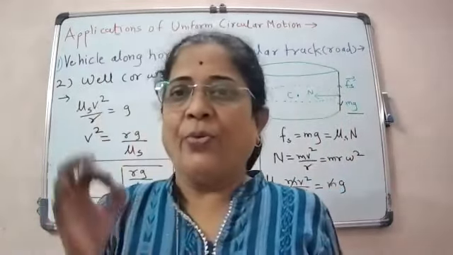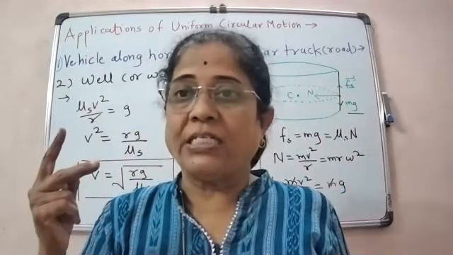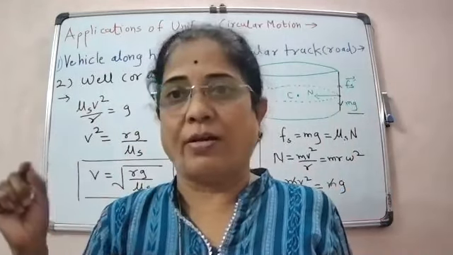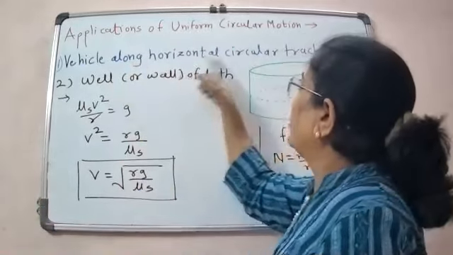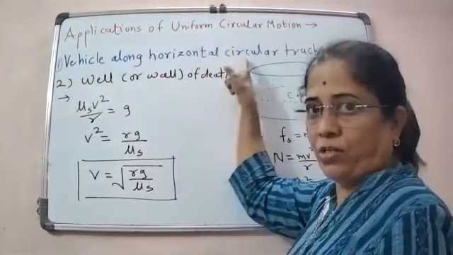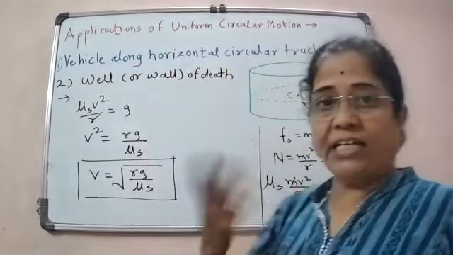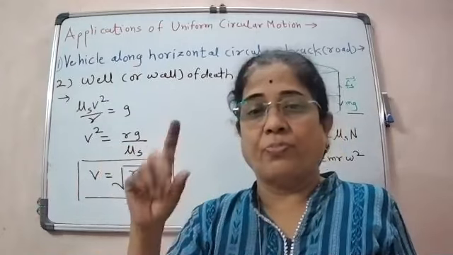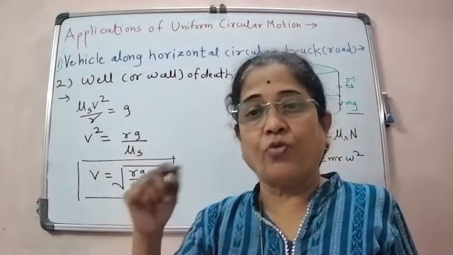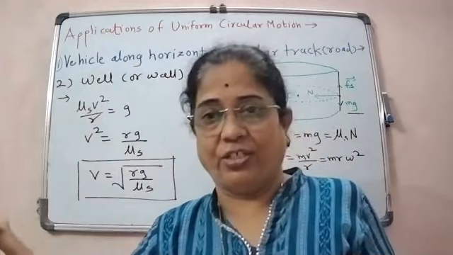So today we have seen two applications of uniform circular motion. The first one is the vehicle along a horizontal circular track or horizontal circular road, and in that case, we have seen that the safe speed v is equal to square root of mu s rg.